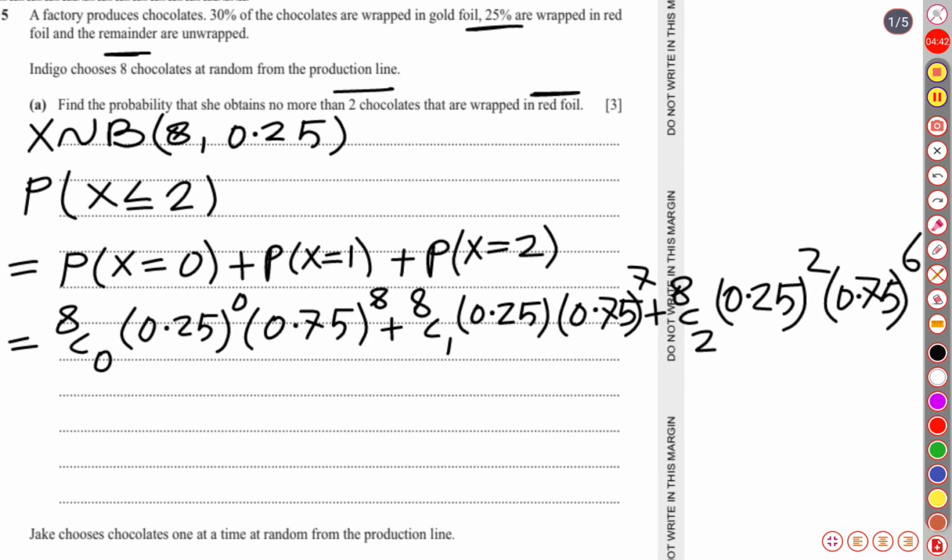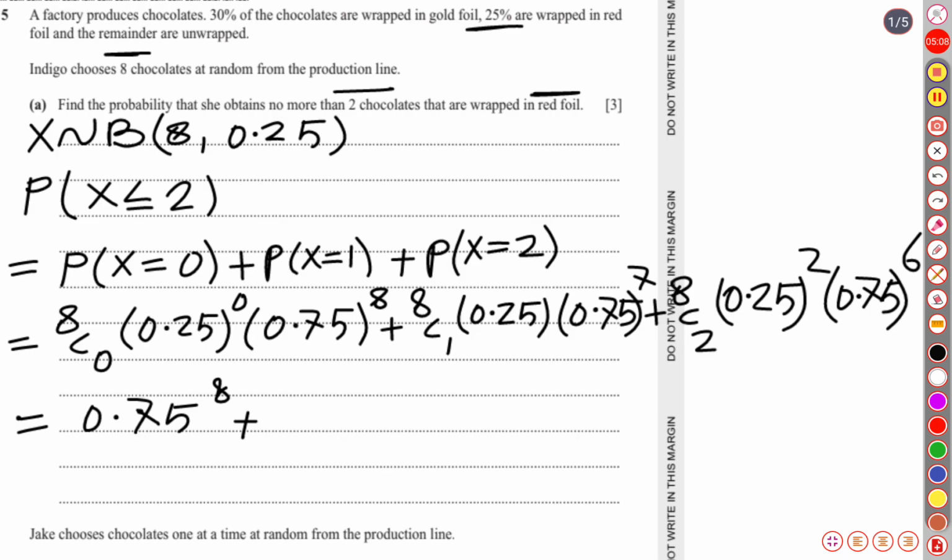Well, 8 choose 0. If we want to choose nothing from 8, there is only one way. And 0.25 raised to 0 is also 1. So there remains only 0.75 raised to 8, plus if we want to choose one chocolate out of 8, how many ways can we pick?